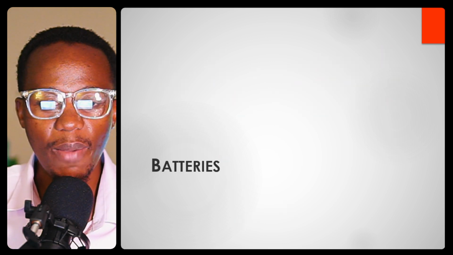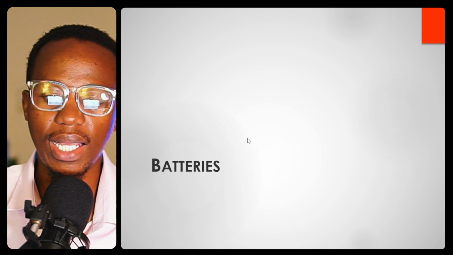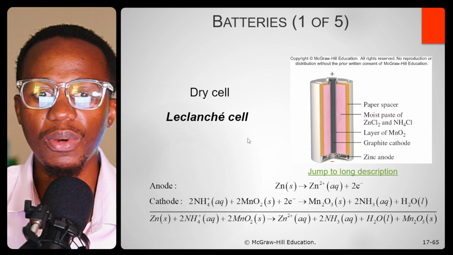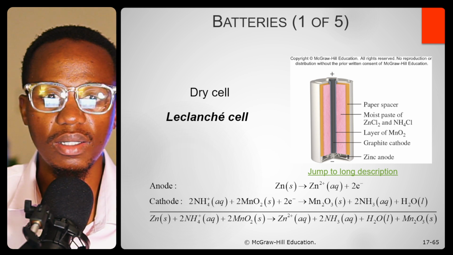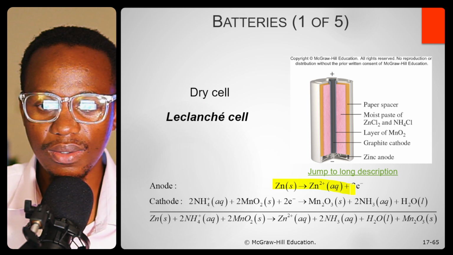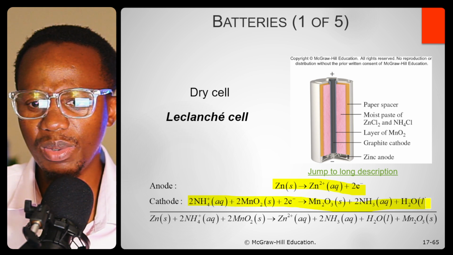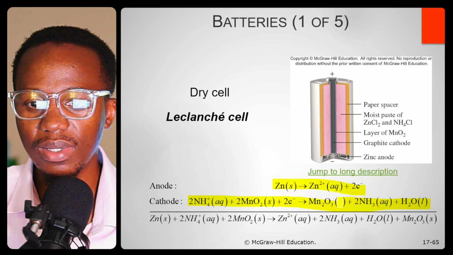So let's look at what happens in batteries. Again, everything that we've been looking at happens in batteries, but they are kind of built weird. For example, a dry cell is going to have an anode. So zinc batteries have an anode. They have a cathode that is a bit more complicated, but still the same standard.